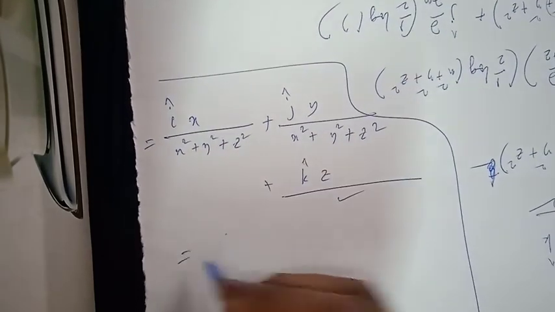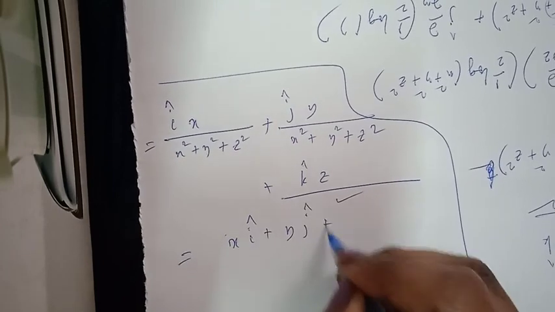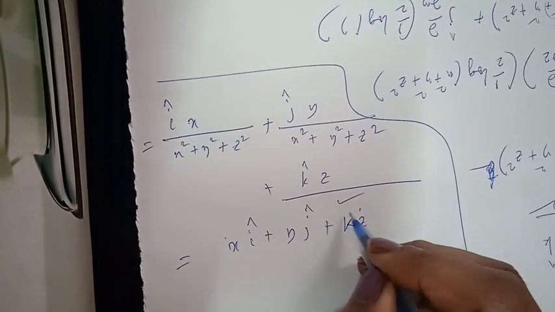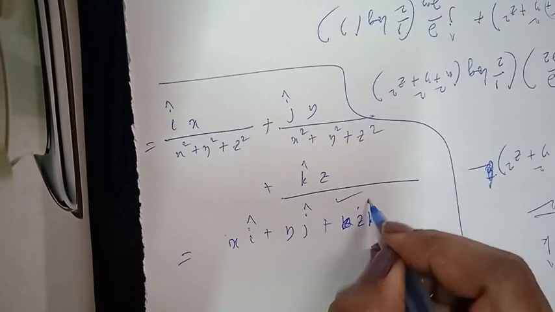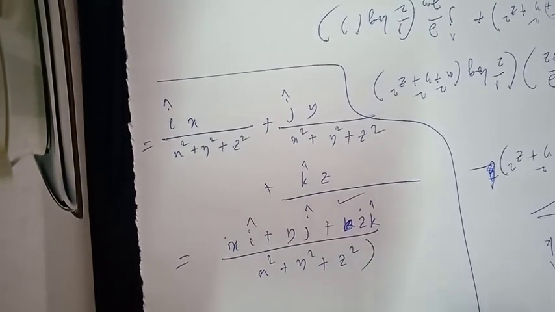Okay, so we can write it as x i cap plus y j cap plus z k cap by x square plus y square plus z square, right?